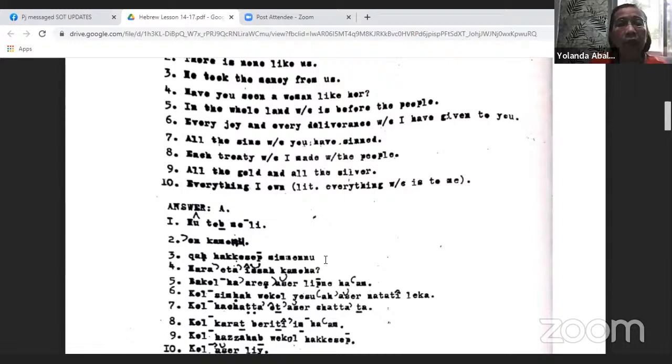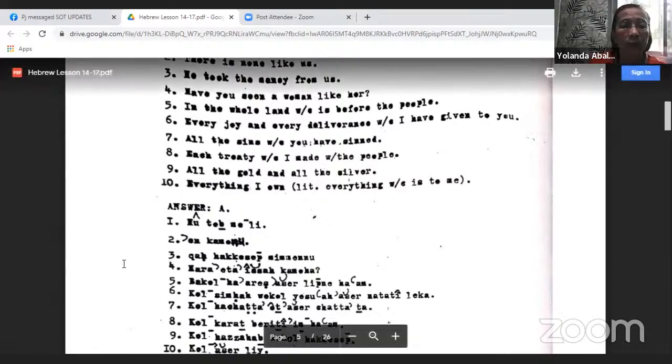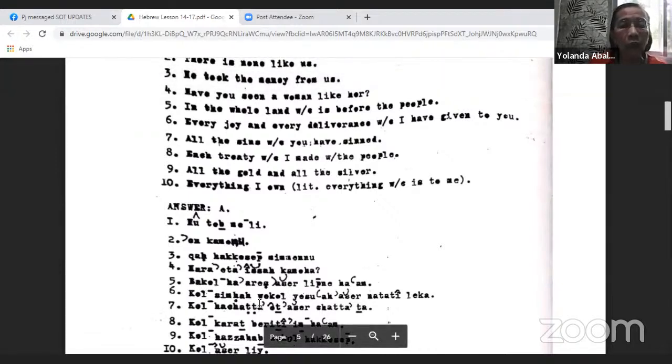Number 5, in the whole land which is before the people. Ano meron? Bikol, Hooretz, Asher, Lechni, Haam. Number 6, every joy and every deliverance which I have given to you. Alright, ano meron? Kol sinka, vekol Yeshua, Asher natati lika.